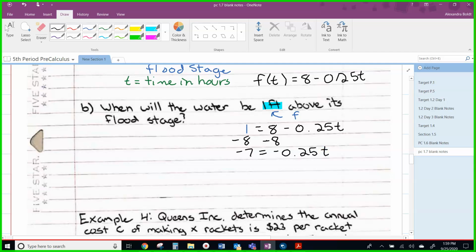So then again, solving for t, just dividing by negative 0.25. Those cancel. So I'm left with t equals, and you can always throw that in a calculator, but you do get 28, and then we do want units, and it was 28 hours.